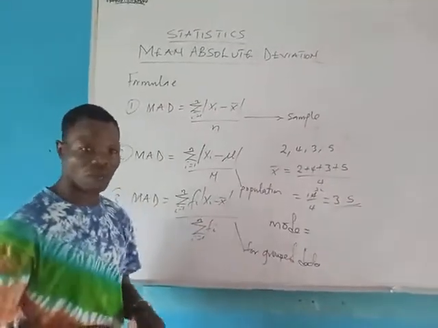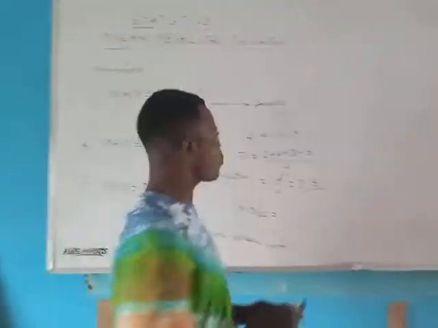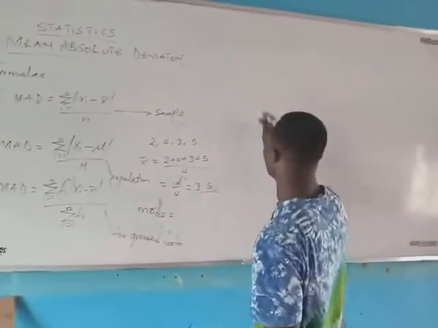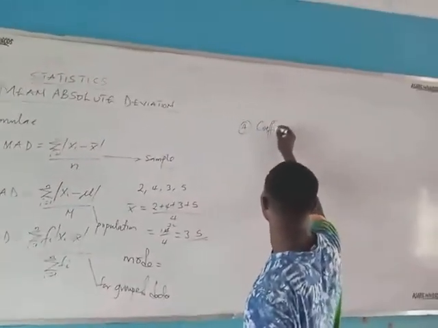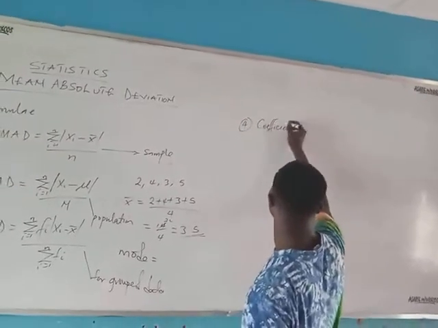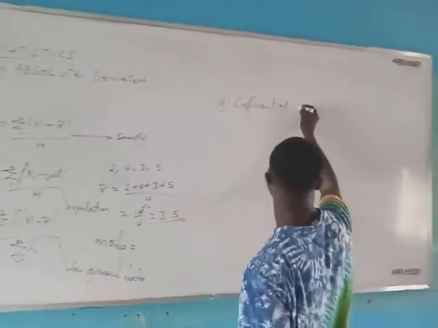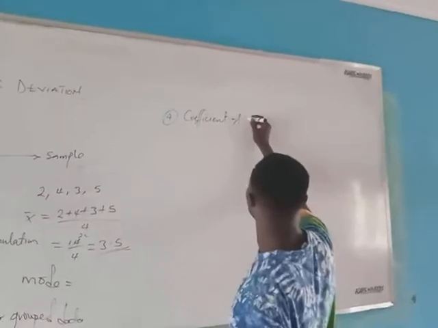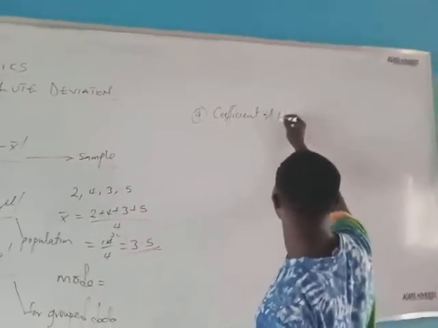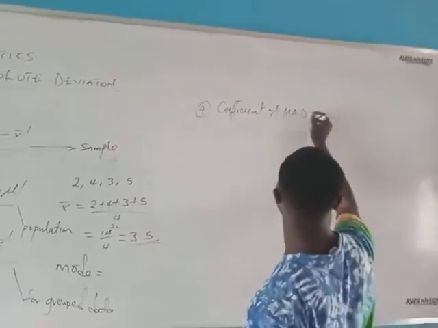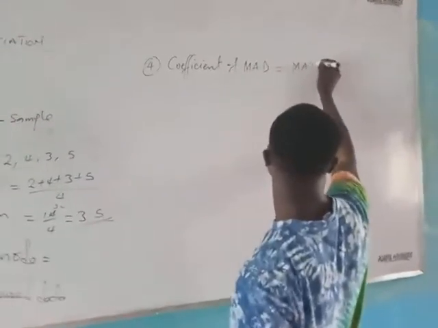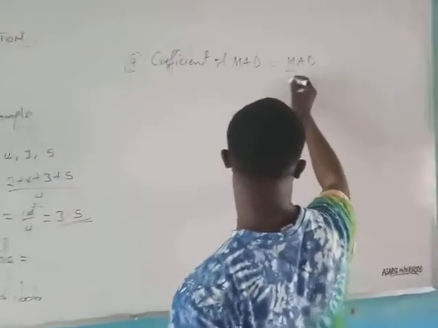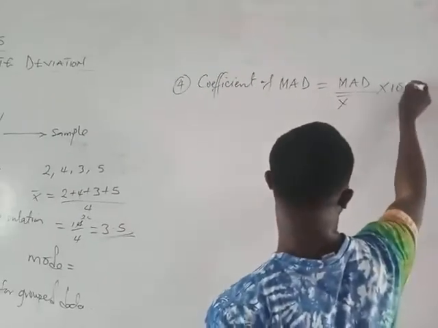Another formula we look at under this is the coefficient of mean absolute deviation, which is equal to the mean absolute deviation all over the mean, times 100.